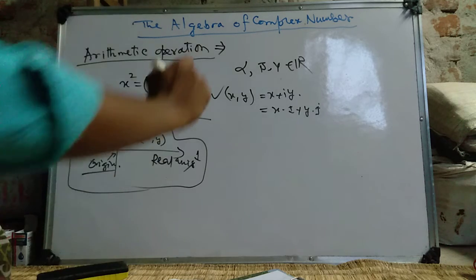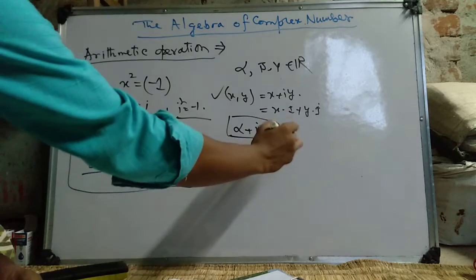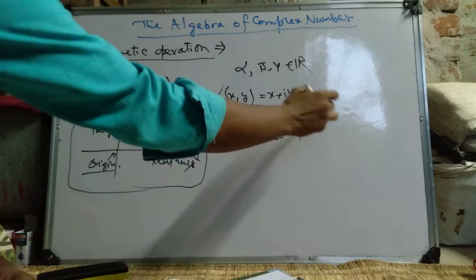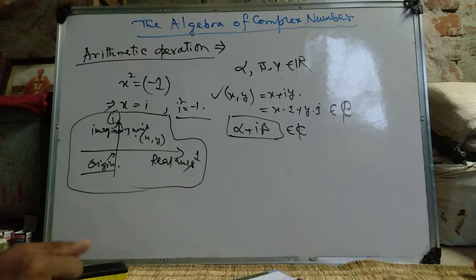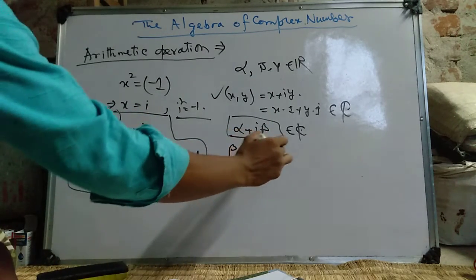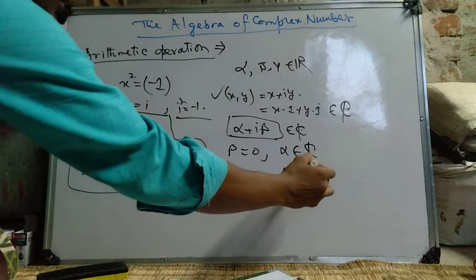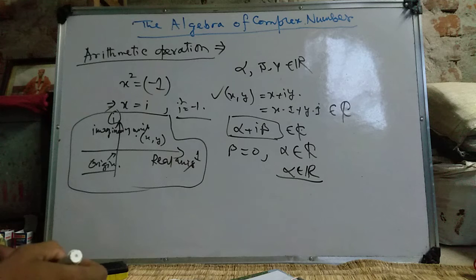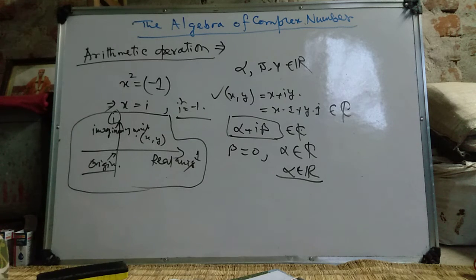Next, for alpha and beta, we write it as alpha plus i beta. This is a complex number, and we write that it belongs to C. Then if beta equal to 0, this one is just alpha, which obviously belongs to C, and we call it a real number, alpha belongs to R. This is purely real, that means just real.